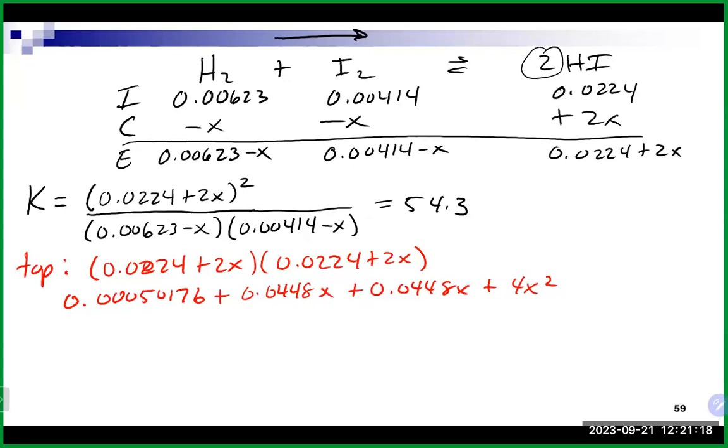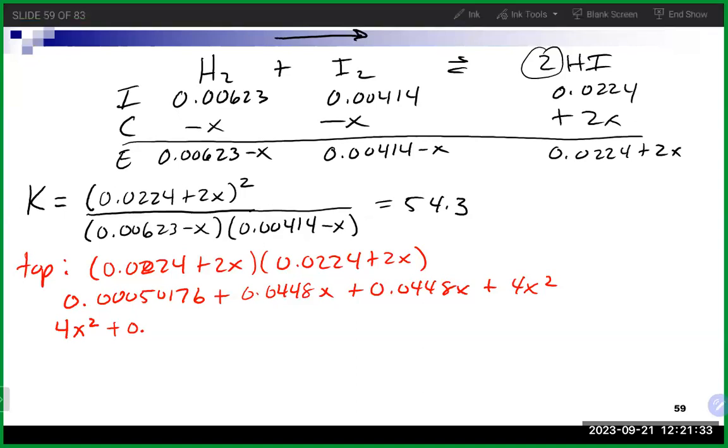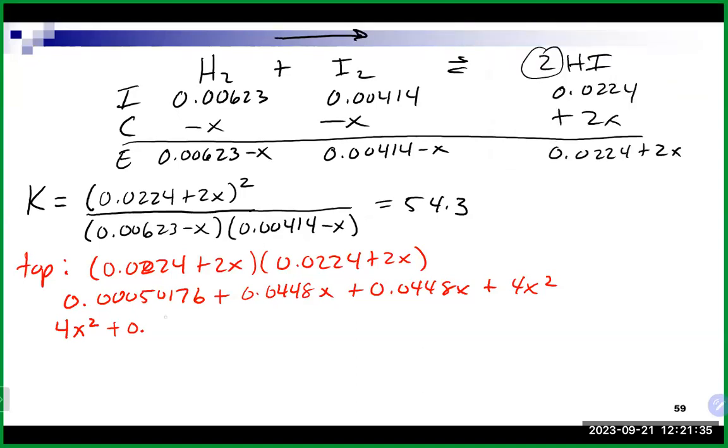Combining everybody together, you end up with 4x squared plus 0.0896x plus 0.000500176. So that's basically the top part solved out.